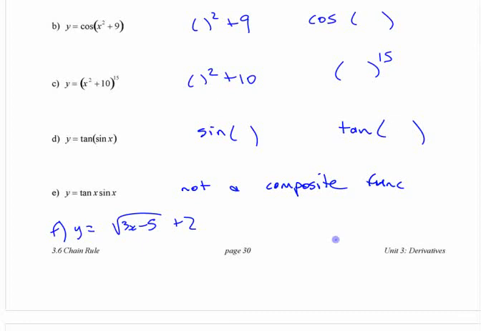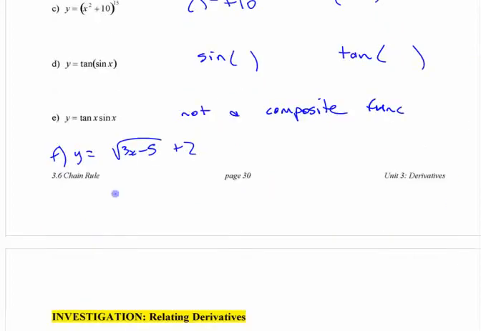As soon as a function involves more than one thing, like square root, plus 5 or minus 5, this is the inside function. It helps to think about how you would write it on your TI-83, if that's the calculator you have. It would be square root, a bracket, 3x minus 5, and then a plus 2.